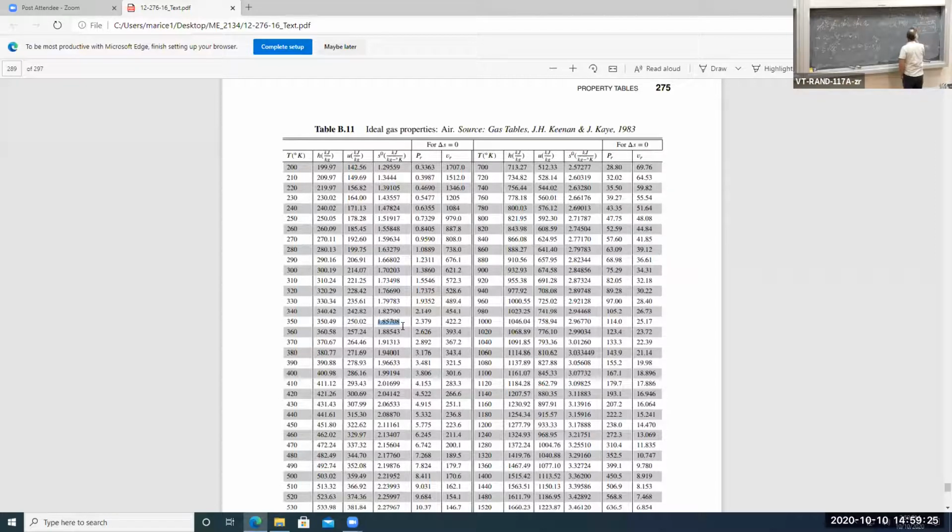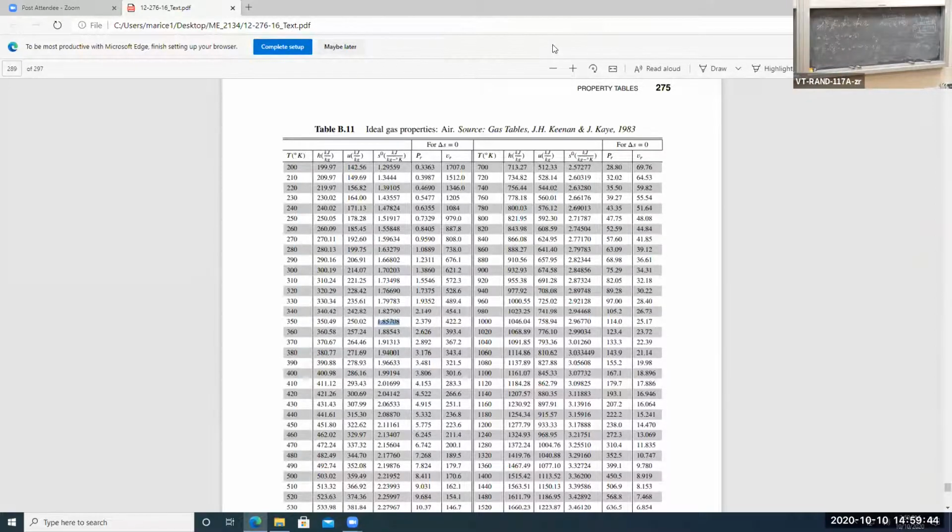Let's find S naught at the outlet, which is actually S naught evaluated at the enthalpy. H2 is 297.3, so I'll probably have to do a little bit of interpolation.